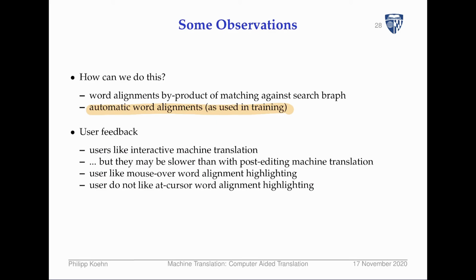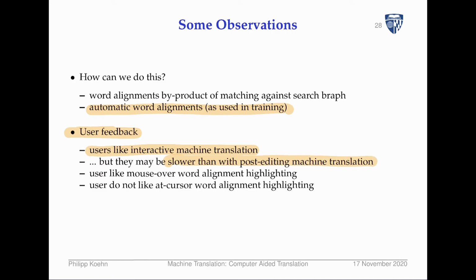So, some qualitative feedback on this approach. Generally, we find that users like this interactive machine translation. If you do surveys, most of them actually think this is better than post-editing. But we also found studies where, although they liked it, they sometimes are slower than post-editing.